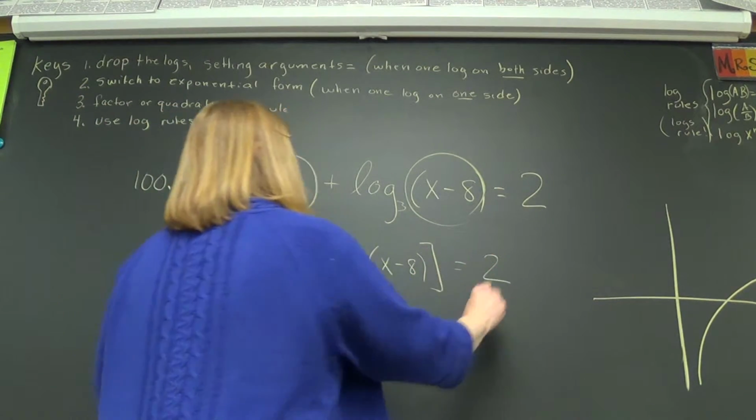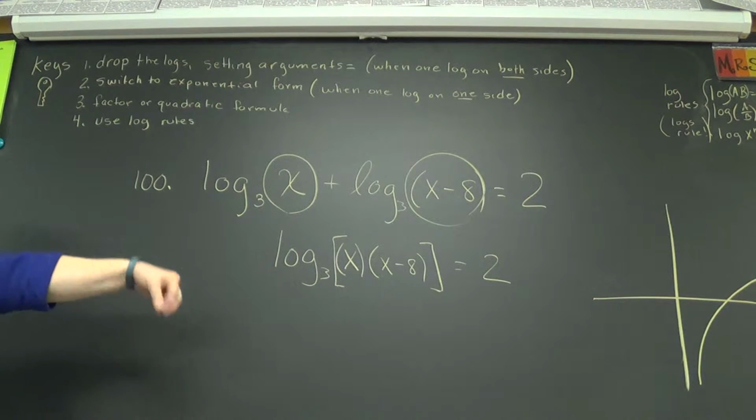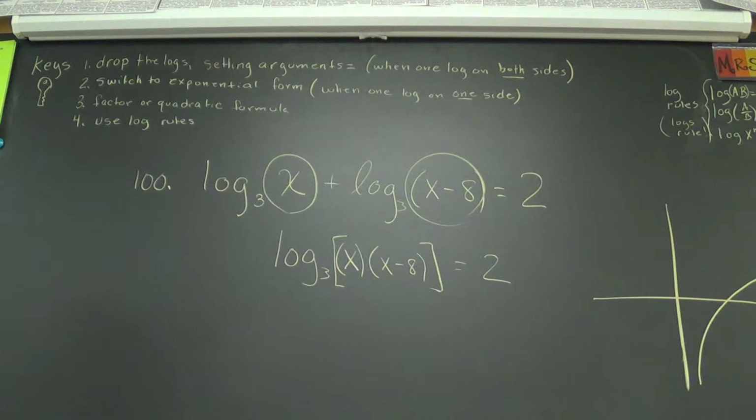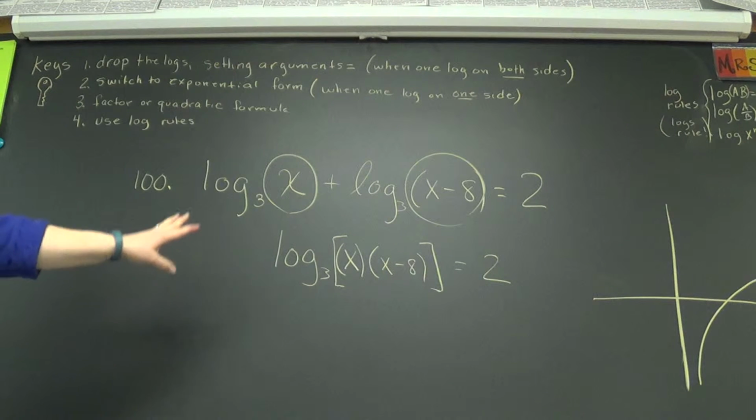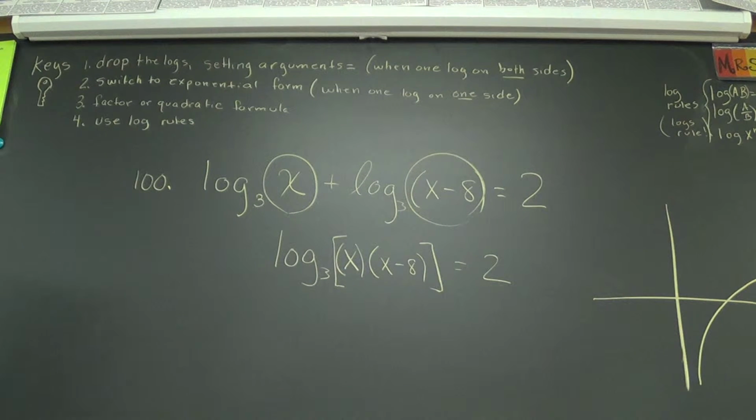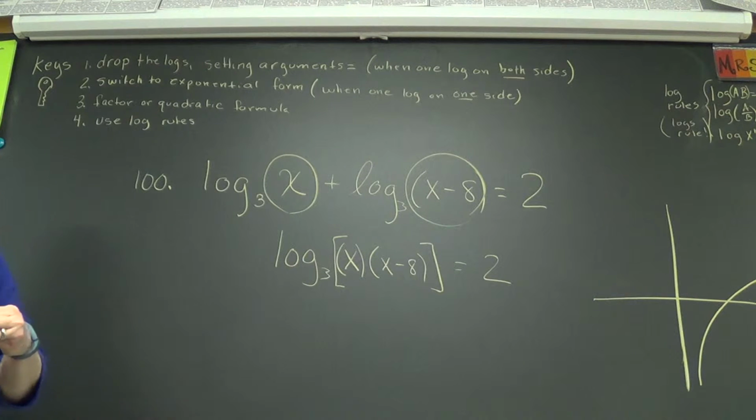All right, Molly, what happens now? We have to jingle our keys again because we have to use another log rule. And what is it? What do we do when there's log once on one side but not on the other? Key 2. All right, and how do you switch this to exponential form? What raised to what equals what?